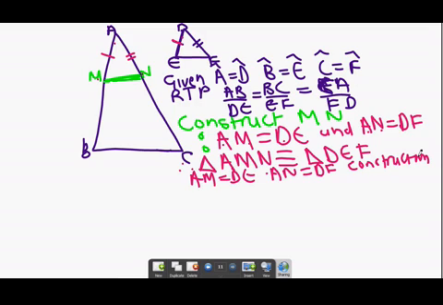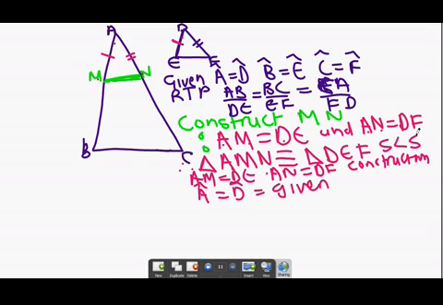And also angle A is equal to angle D, given. So the reason is side angle side, because from the construction we got the sides and angle A was given.